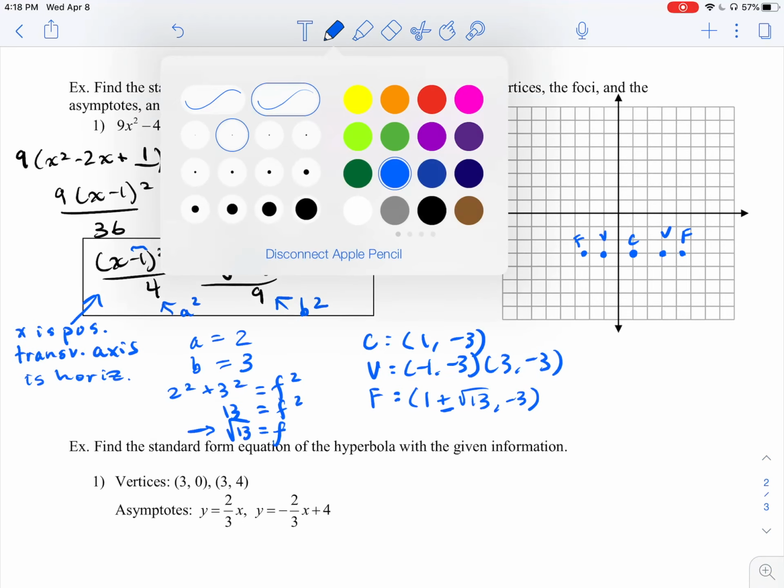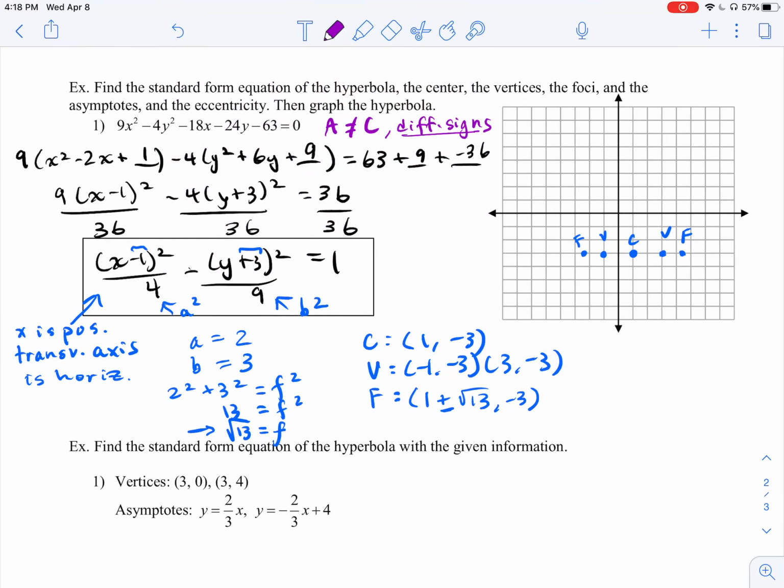Now, to accurately graph a hyperbola, we need our asymptotes. So again, let's think about what our asymptotes look like here. Since we know that this is our a value here, our distance from our center to our vertex is our a value. That means our b value is going to go in the perpendicular direction, and we know b is 3. So if we count up 3 units, there's our b value.